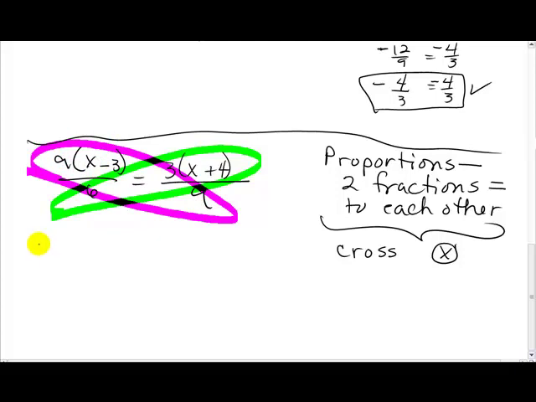So I'm going to have 9 times 9, x minus 3 equals 6 times 3 times x plus 4. And so we'll go ahead and do this and this. Order of operations says I can.